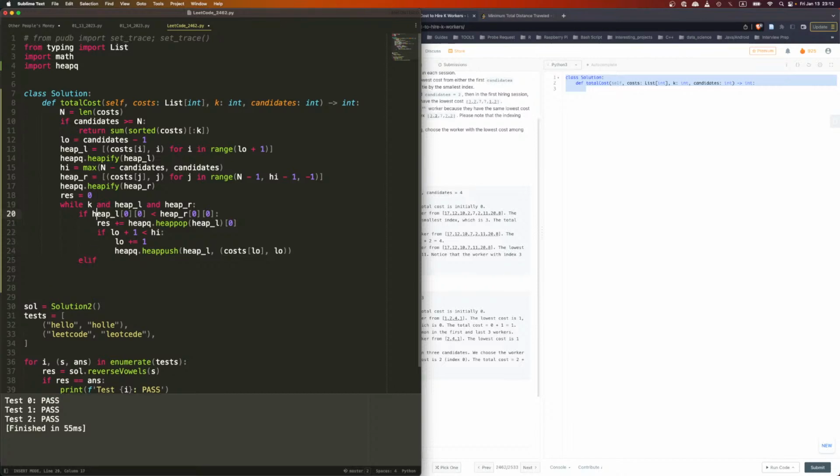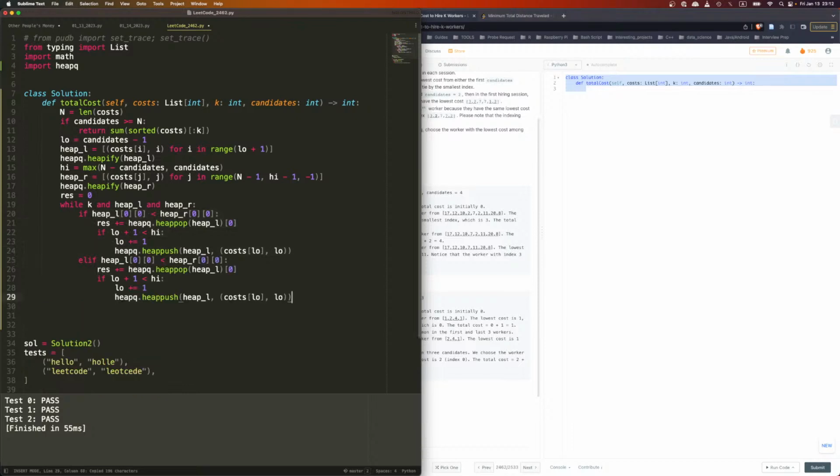So actually I can copy and paste this entire thing. If this is larger than, then we'll pop R, and high will minus equal 1, and then R is going to get a high and a high.